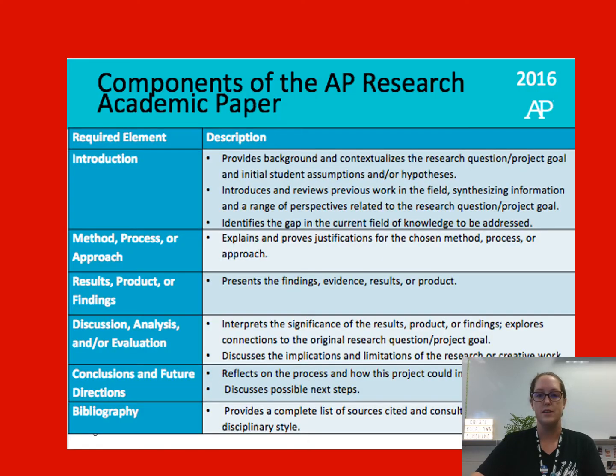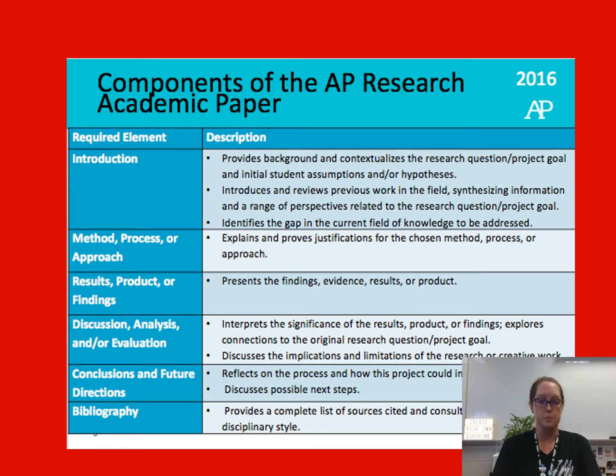All right, so in AP Research, there are 2 components that they need. The first one, they will be creating an academic paper based on the action research that they will do this year. The paper includes the introduction, which is going to be a lot of literature review, which is the phase that we're in right now, doing all of the background research needed in order to complete this action research.